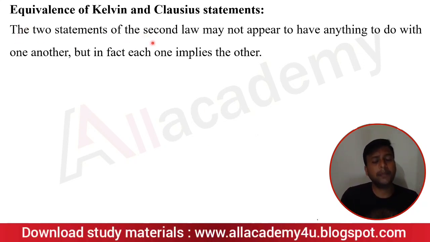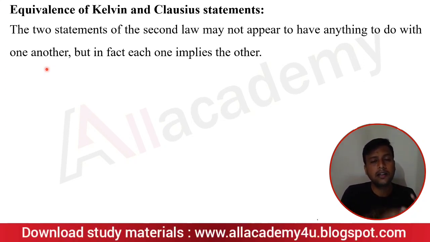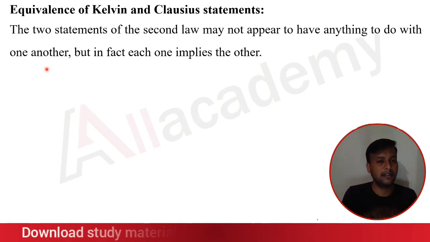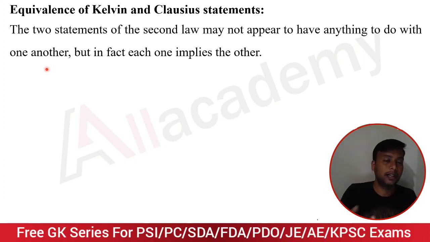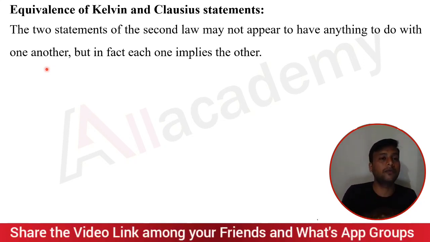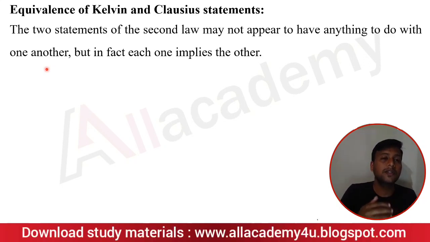Now, the two statements of the second law may not appear to have anything to do with one another, meaning they are not connected. One statement says it is not possible to construct a device which can convert heat into work. Another says it is impossible to construct a device which can transfer energy from a lower temperature body to a higher temperature body.